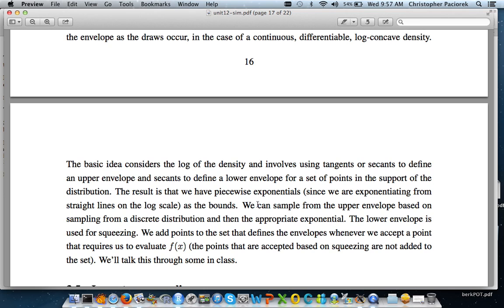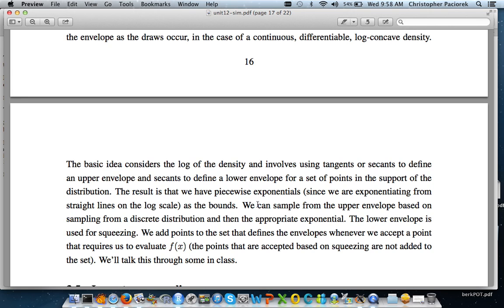So I'm going to draw from that, and then I'm going to draw a u that's uniform 0, 1. So it has the same flavor as the rejection sampling that we just saw. If u is less than or equal to f lower n of x over f upper n of x, then I'm going to accept the point and add it to my collection of random samples.